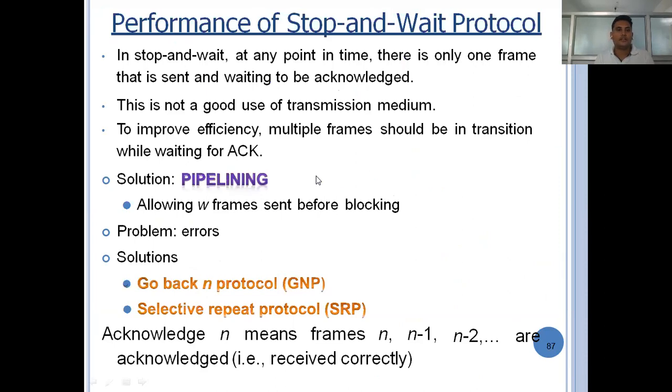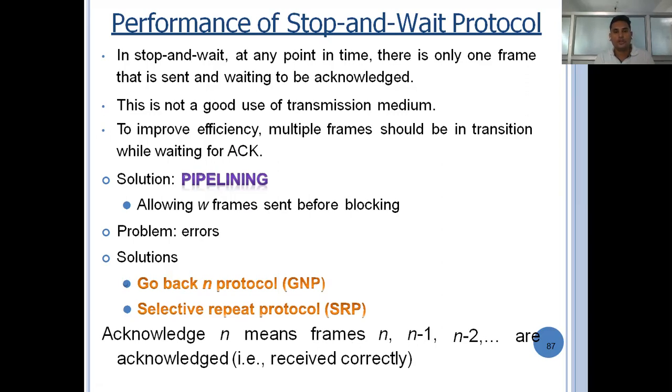And next, there are two more sliding window protocols. Those are the solutions for the stop and wait protocol's problems. There we use the pipelining concept, allowing W frames to be sent before blocking. The remaining two protocols in the sliding window family are the solutions for the stop and wait protocol.